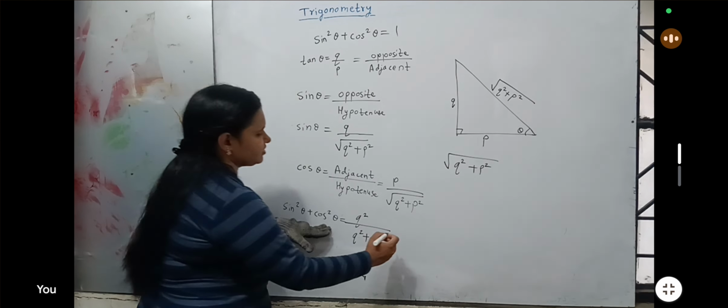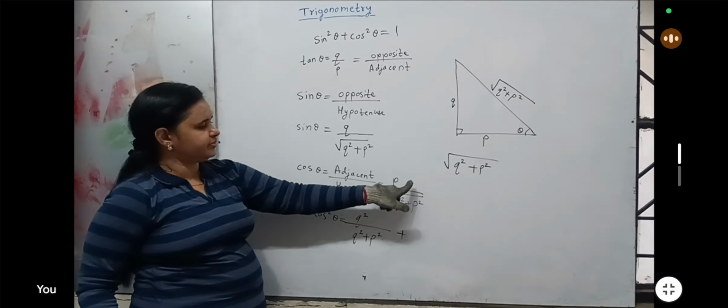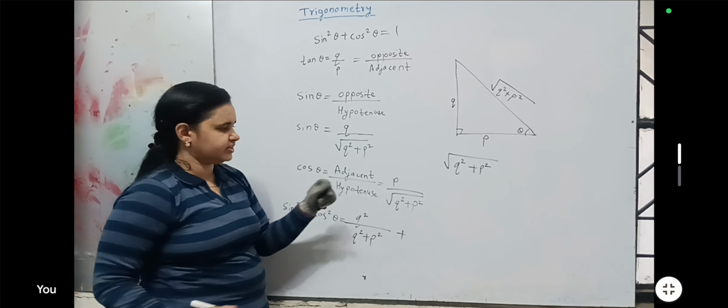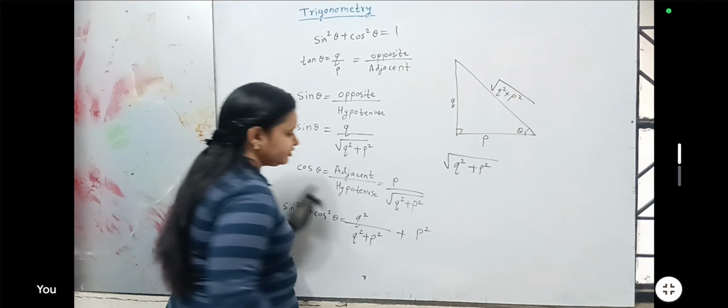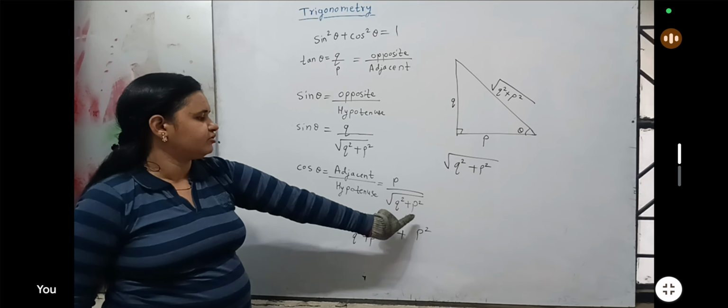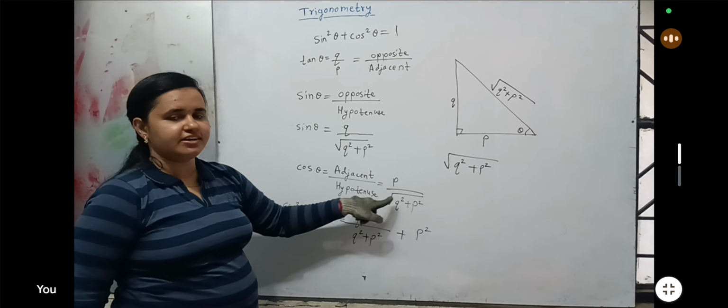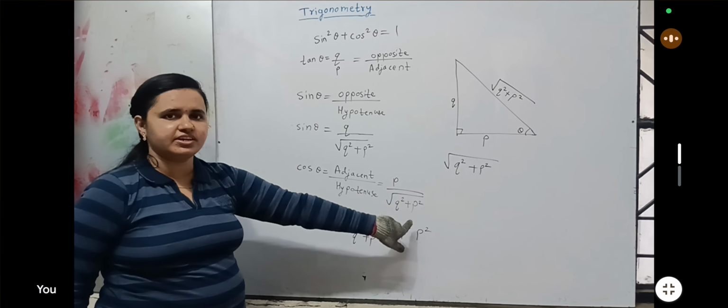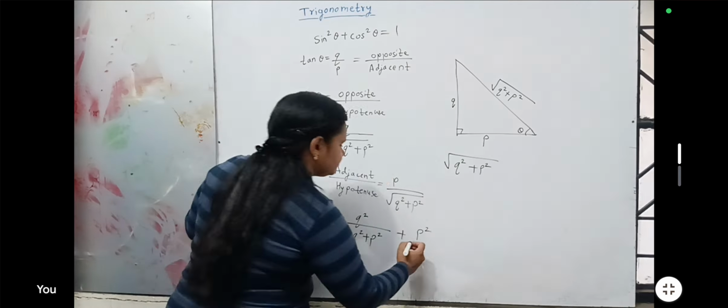Plus cos square theta. Cos theta is p upon under root q square plus p square. If we make the square, it will be p square, and the square and square root of the denominator will get cancelled and we will get q square plus p square.